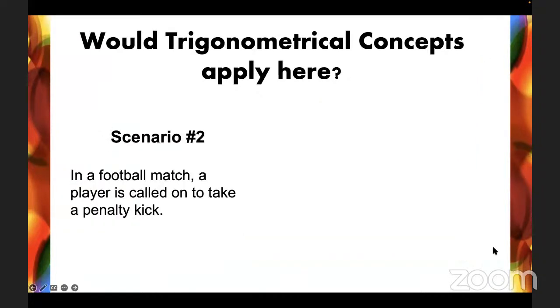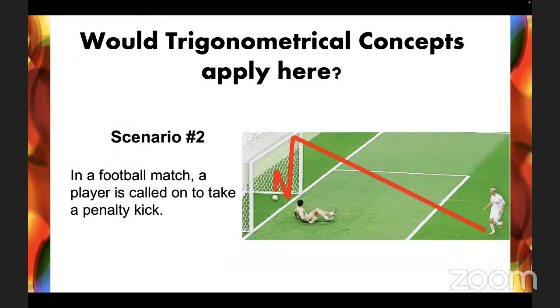All right. In a football match, a player is called to take up a penalty kick. Now, we just finished the World Cup, and you realize how many persons would have gotten the penalty right and gotten it wrong as well. Although they may not do the actual calculation, in their head they are working on what is the best angle to kick this ball at, so as not to pass the bar or go into the hands of the keeper, or even to hit the bar, because sometimes if it hits the bar, it may not make it.